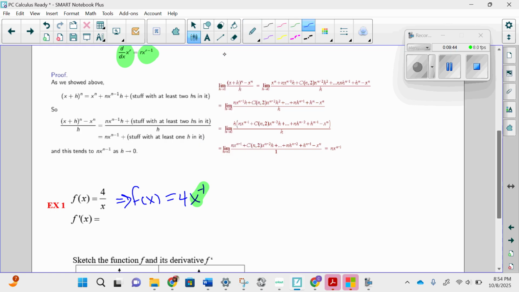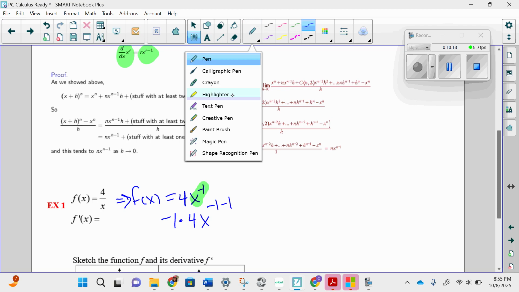So the derivative is going to be r times x to the power of r minus 1. So negative 1 times 4x to the power of r minus 1, so negative 1 minus 1. I put those parentheses in a bad spot because it's just the x to that power. Let me rewrite that. Negative 1 times 4x to the r minus 1, so negative 1 minus 1.